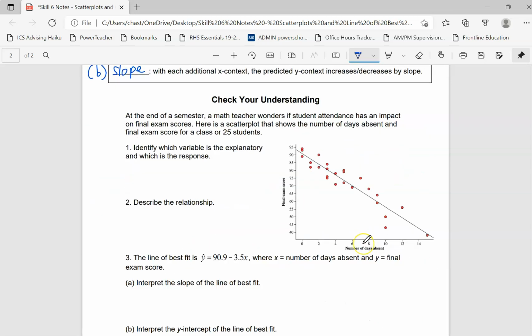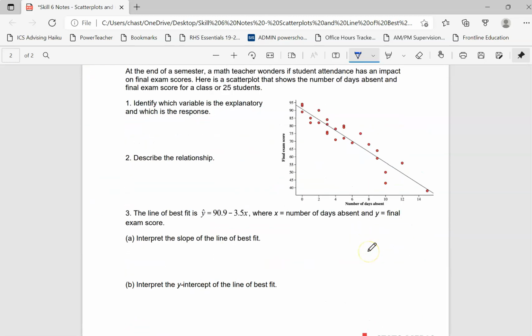Let's do a couple problems here. It says at the end of the semester, a math teacher wonders if attendance has an impact on final exam scores. Here's a scatter plot that shows the number of days absent and the final exam score for a class of 25 students. So identify which variable is explanatory and which is response.